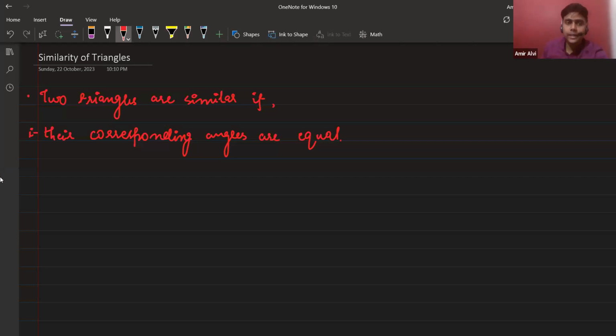Clear? Second is if the ratio of their corresponding sides are the same.